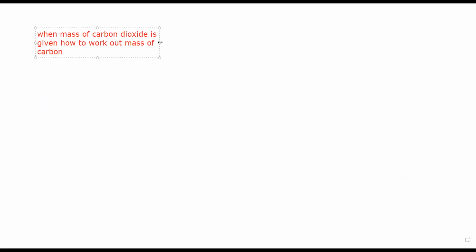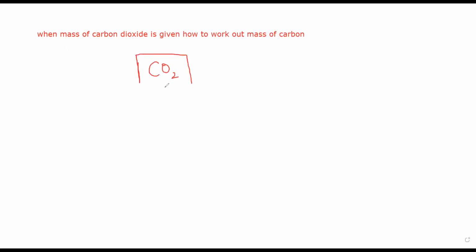As you can see, the carbon dioxide CO2 molecule, how many carbon atoms are there? It contains 1 carbon atom. But in terms of mass, what is the total mass of carbon dioxide? Carbon is 12 plus oxygen is 16 multiplied by 2, so 32 plus 12. So if we have 44, the mass of carbon dioxide, 44 grams, how much carbon will be there?